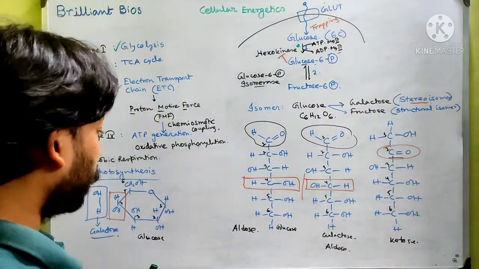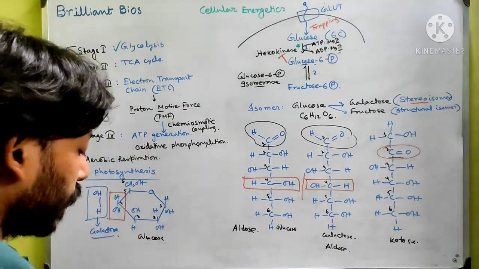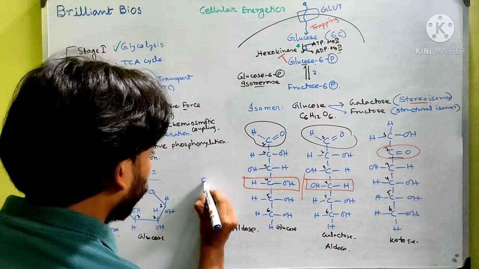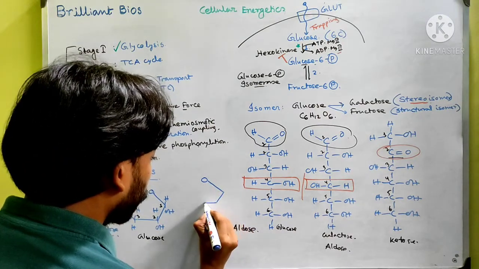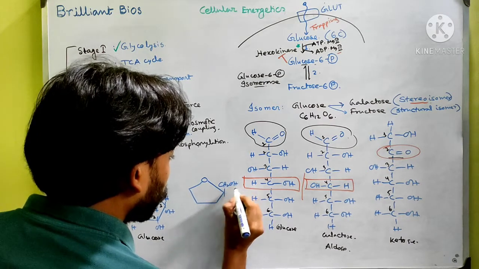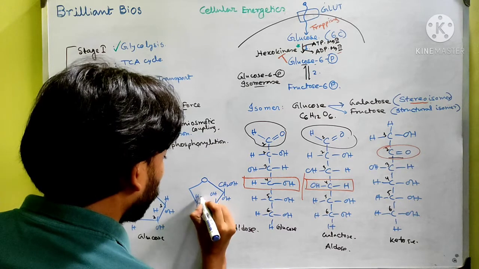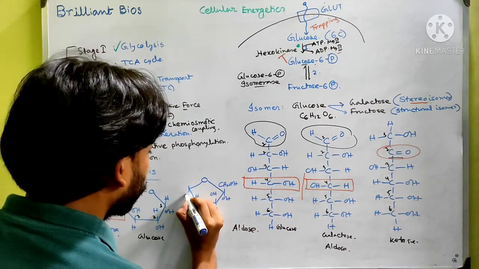If I draw the ring structure of fructose, you can see that it looks like this. Here CH2OH, OH, OH, H, H, OH.